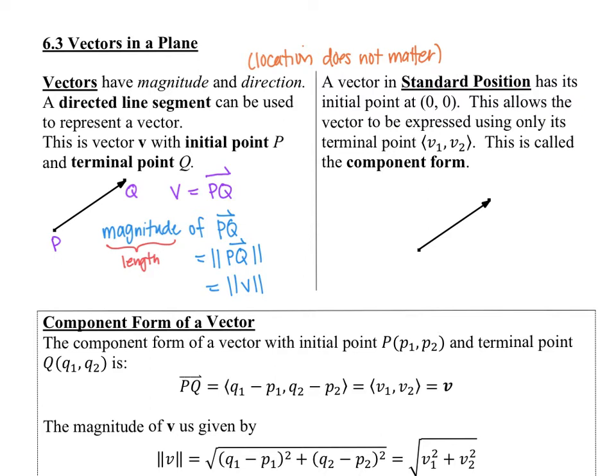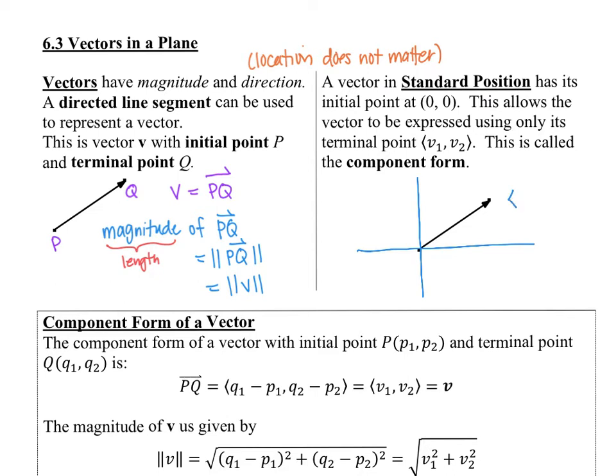So what this is saying is I have this random vector over here. I can pick it up and move it so that its initial point is at the origin. So let me just draw the origin here. Same vector, same size, same everything, but I picked it up and moved it. Now I can name this in what they call component form using only the terminal point.